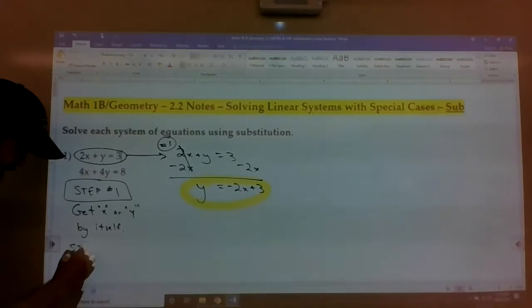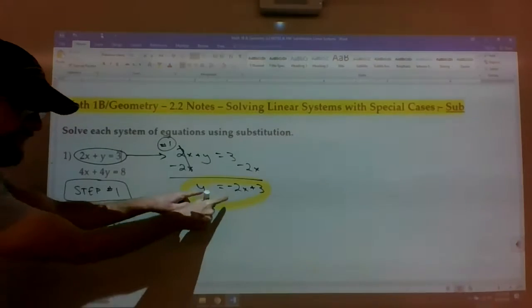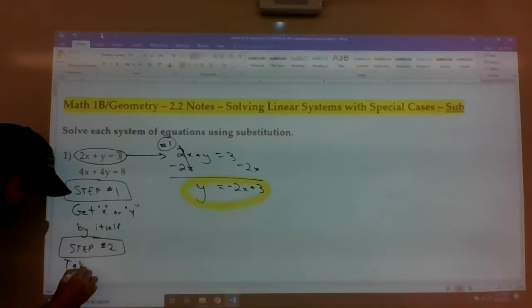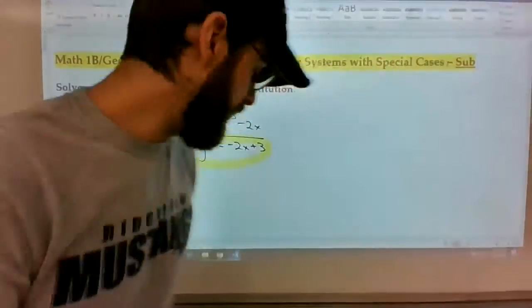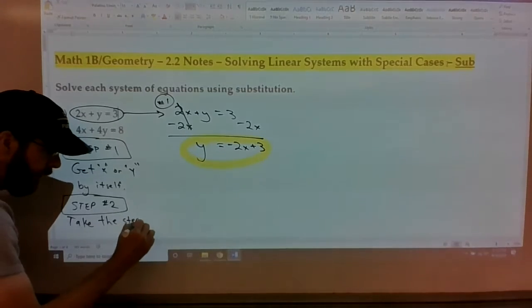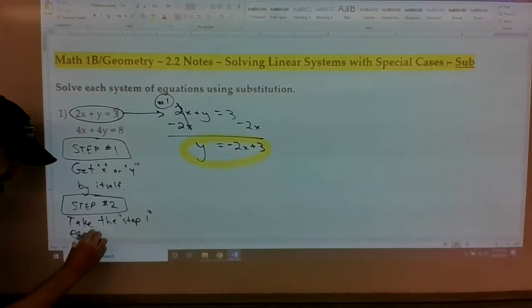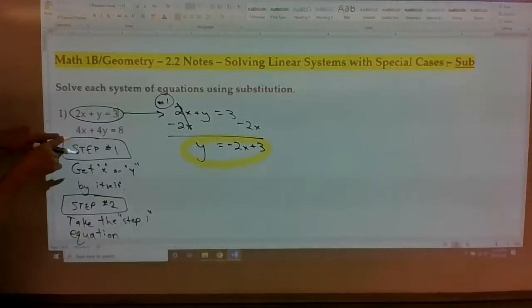Step number 2. Take that equation. So take the step 1 equation. Let's make sure you guys can see all this. Looks like it. Take the step 1 equation and plug it into the other one.